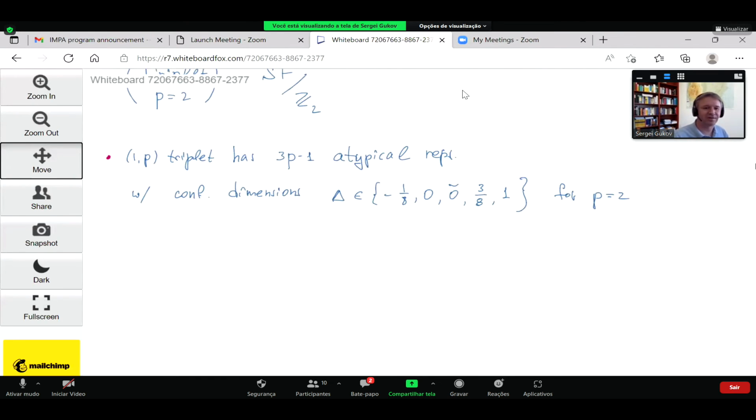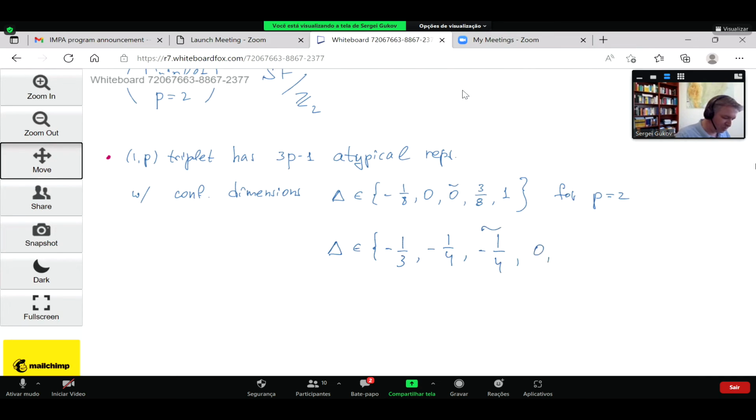So the analogous list for p equals 3, and I'm not going to give you the most general one, is minus 1/3, minus 1/4, minus 1/4 again, so it repeats. I'll put a tilde here.